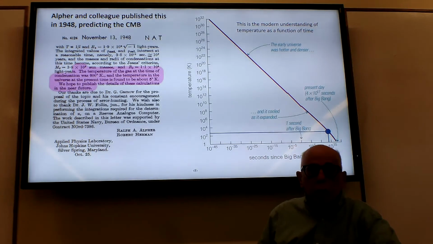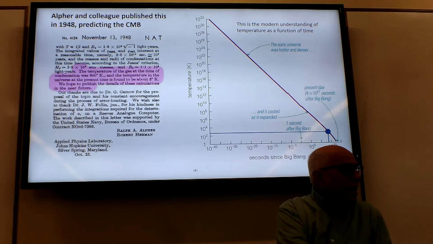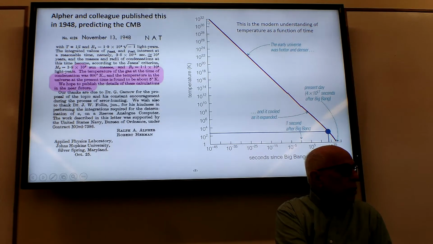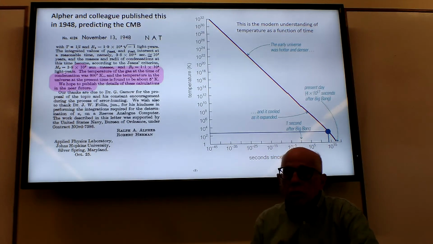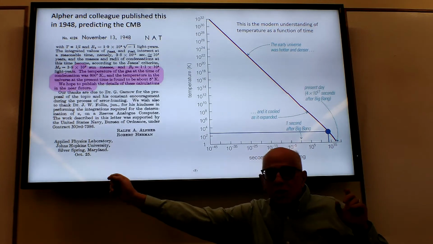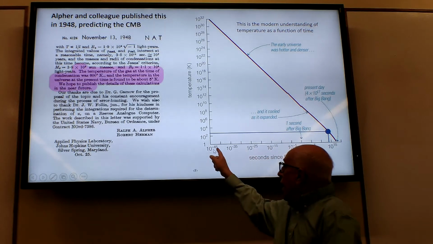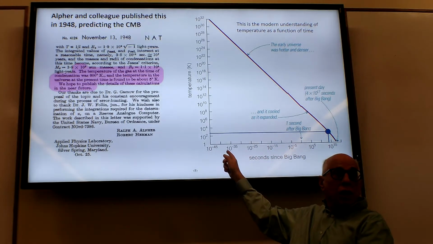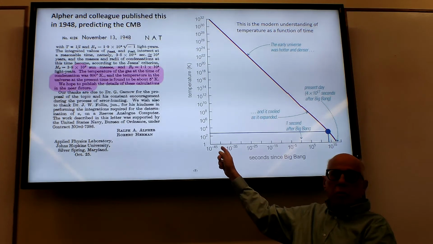Here's a modern picture of what we think was going on. At the instant of the Big Bang, the temperature was 10 to the 32 Kelvin, that is a 1 with 32 zeros. It was extremely warm. And that's at 10 to the minus 45 seconds, an impossibly tiny fraction right after the Big Bang.